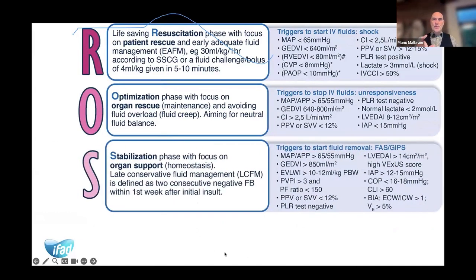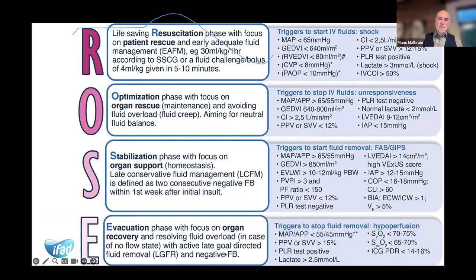You start fluid removal when there is fluid accumulation syndrome, global increased permeability syndrome, and you stop fluid removal when again there is fluid responsiveness and hypoperfusion.